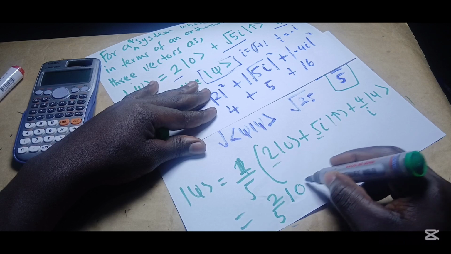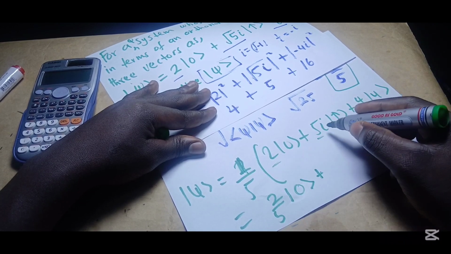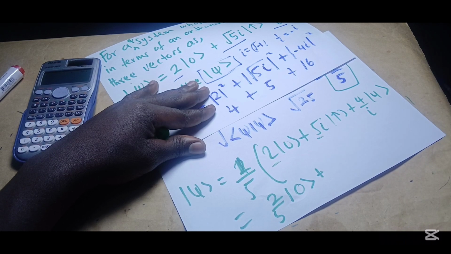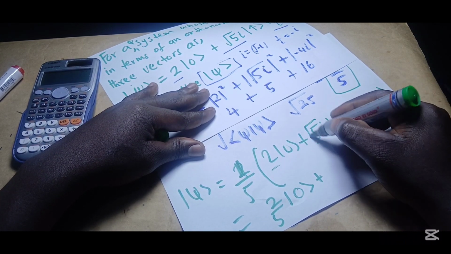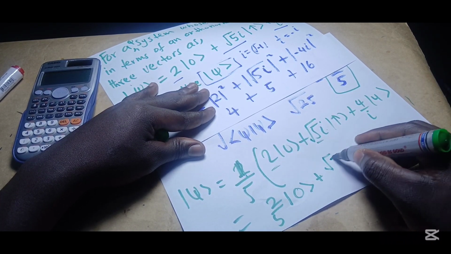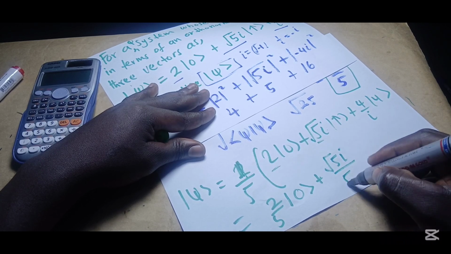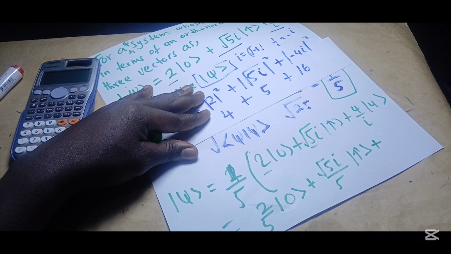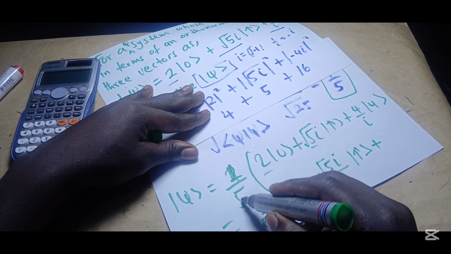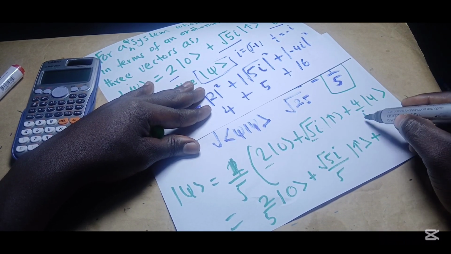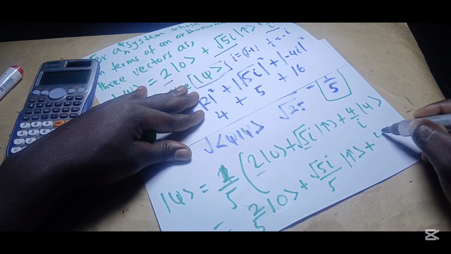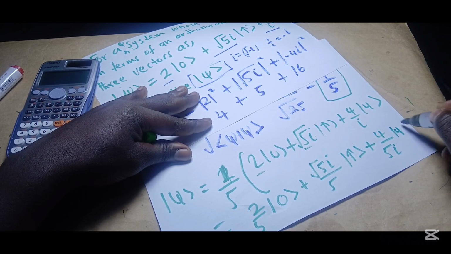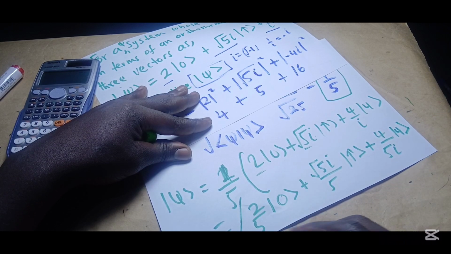Then you write everything else as it is. Plus 1 over 5 multiplied by square root of 5i gives us square root of 5i over 5, plus 1 over 5 multiplied by 4 over i gives us 4 over 5i. So this is our normalized state.